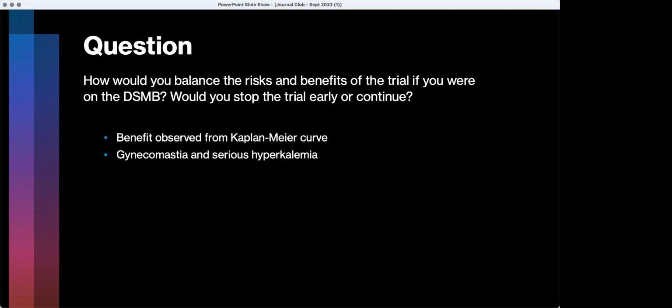And should some method be used to shrink, not necessarily to continue the trial, but to shrink that estimate to something that's more realistic? Unfortunately, nobody has ever been able to agree on what that method would be. And then it gets forgotten and nobody ever does it. So anyway, I don't think the committee made the wrong decision here, but to answer Jasmine's question, these are some of the things that might come up.